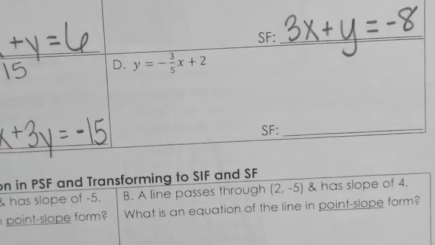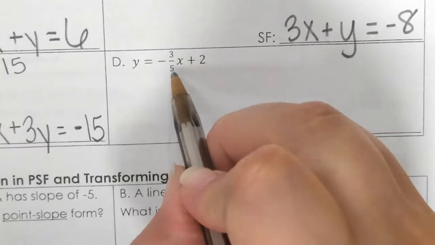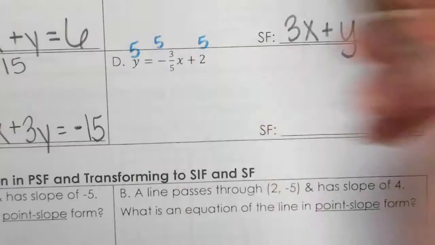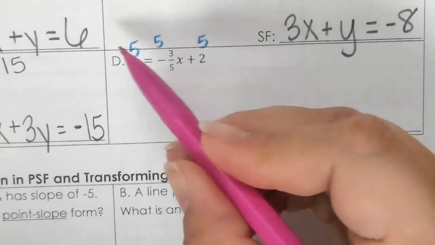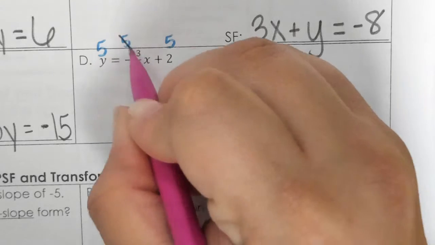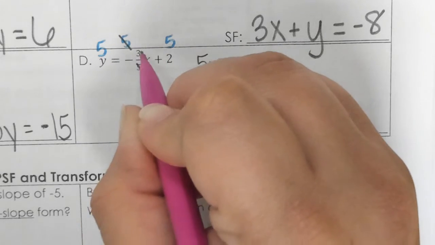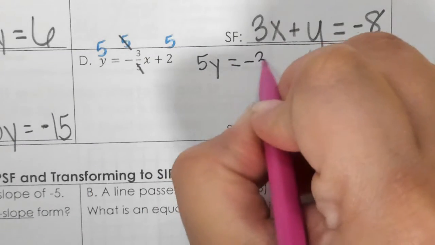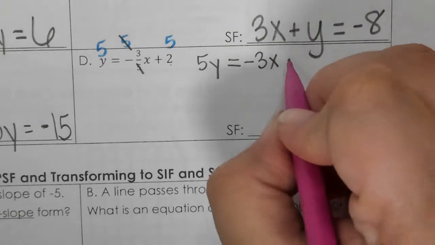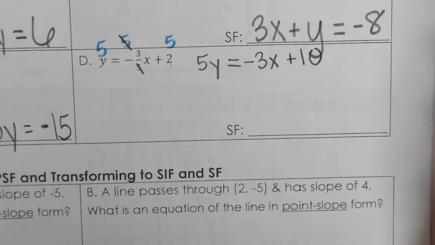Okay, in letter D, we have a 5 in our denominator, so we are going to multiply everything by 5. Okay, so we've got 5 times y. These 5's cancel, and we have a negative 3x. And then 5 times 2 is 10.